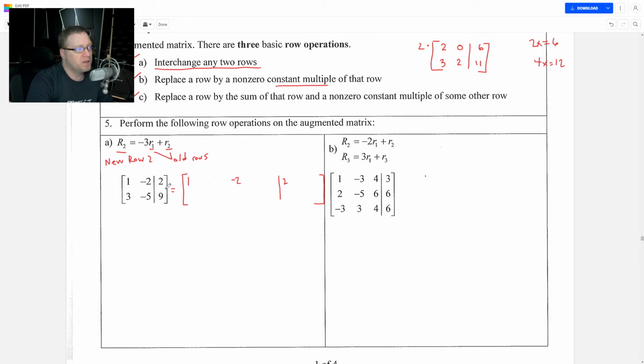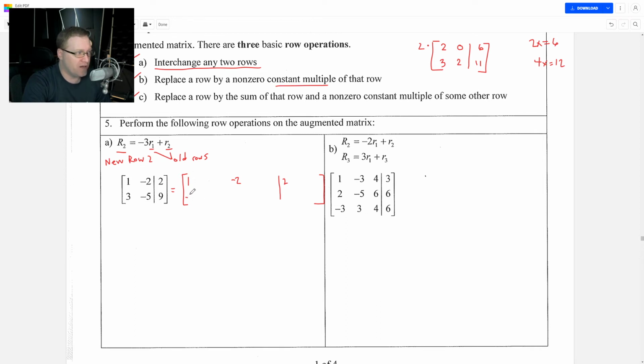Now, our second row is going to change. How is it going to change? Well, each entry is going to be -3 times the old first row plus the old second row. So how does that work? Well, let's look at the first one here.